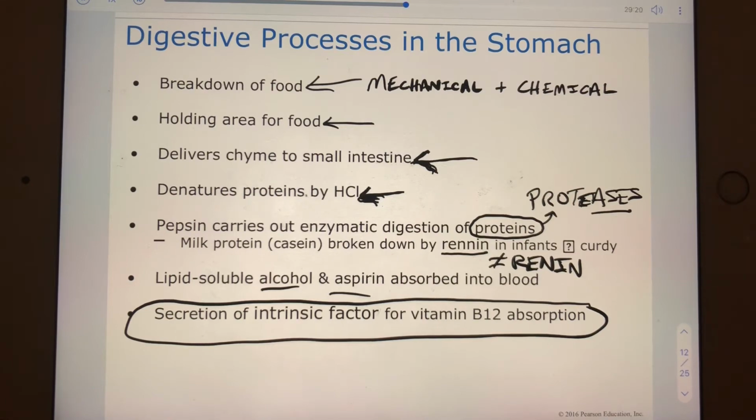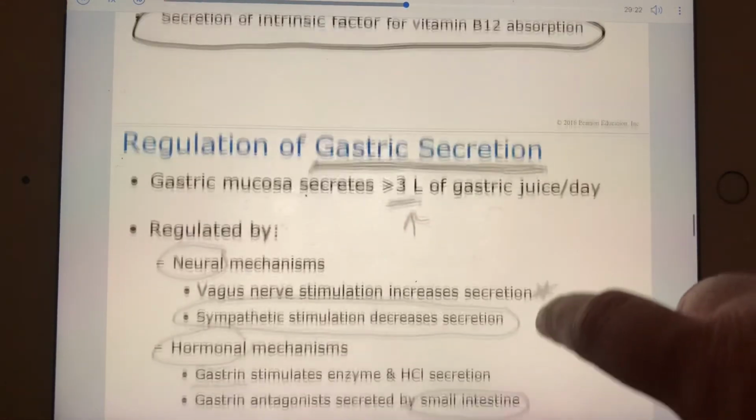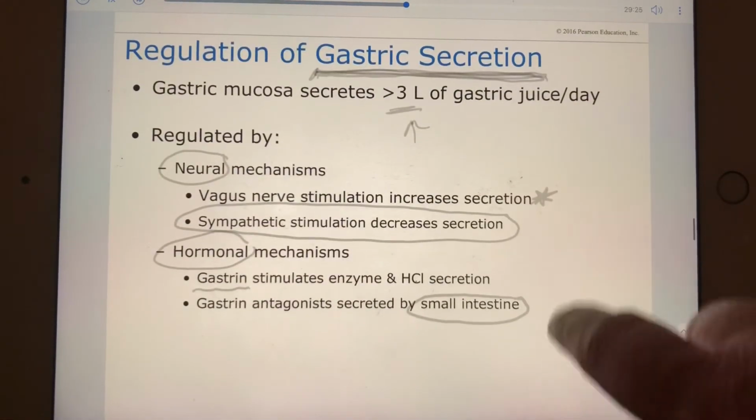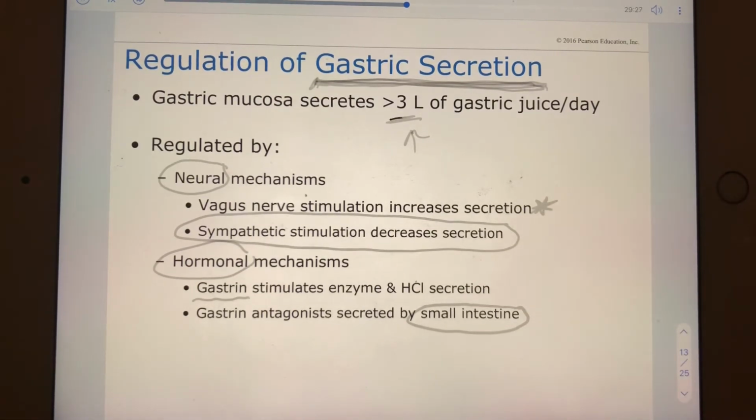On to slide 14. Your stomach mucosa secretes more than 3 liters of gastric juice every day.